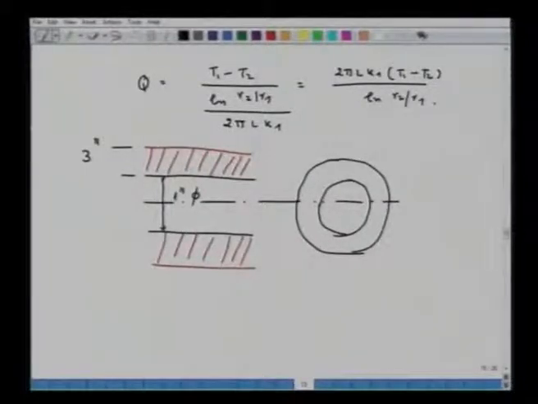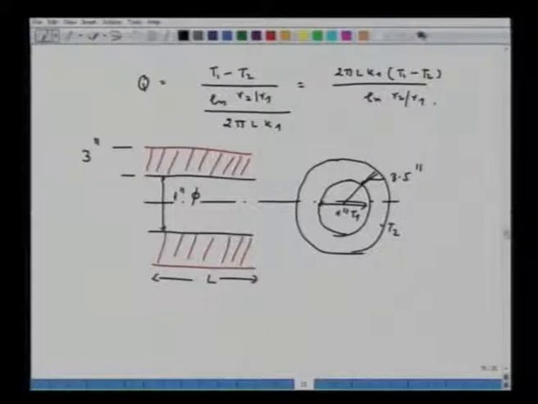So this diameter is 1 inch, and from the central line this is 3.5 inches. We are given this temperature as T1 and this temperature as T2 and this length is L. So I have written this expression.